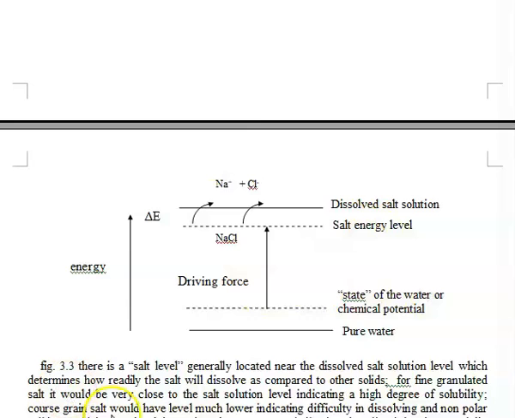So now let's put all of this together and say there is a driving force to take the salt, which sits at a state in water close to the dissolved saturated solution, and this driving force is the length of this arrow, which drives the amount of salt which is able to be dissolved. The bigger the arrow, the bigger the driving force, the more salt we can dissolve.